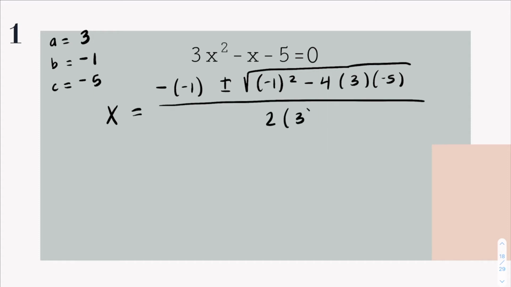Notice I'm putting every substitution in parentheses. That's because I have to put negative numbers in parentheses when I raise them to an even power, but sometimes it helps to just put them all in parentheses.